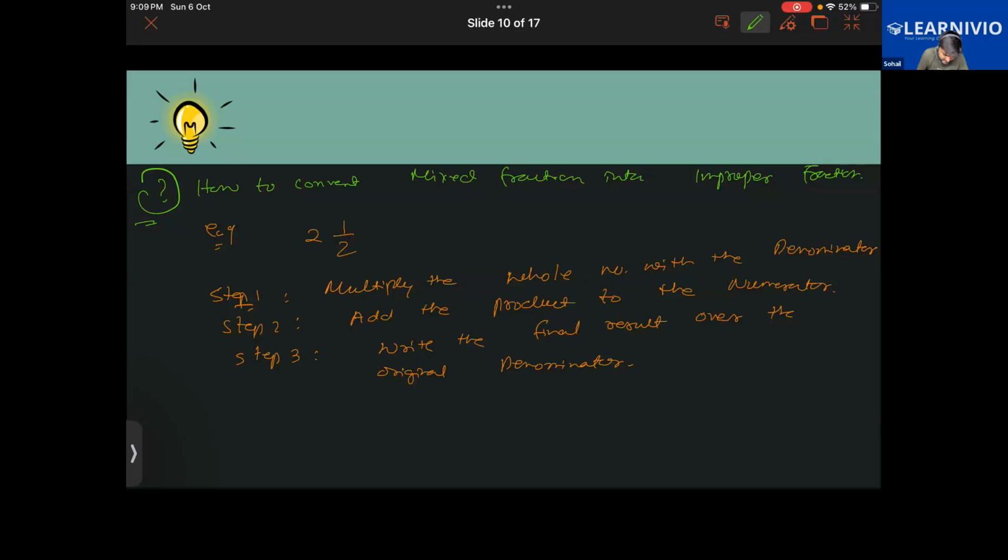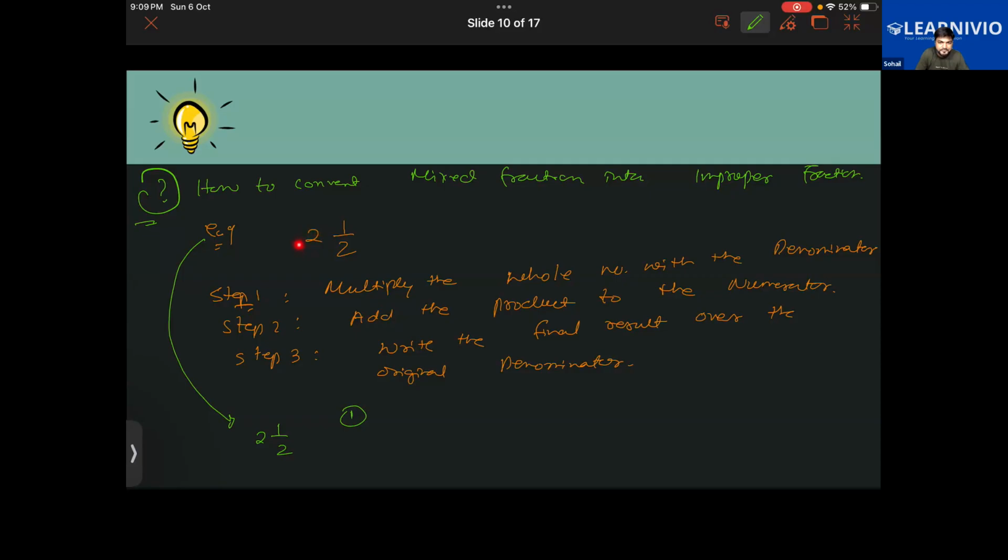Now take the above example here. We have 2 1 upon 2. As per step number 1, what do we have to do? Multiply the whole number with the denominator. Which is the whole number?